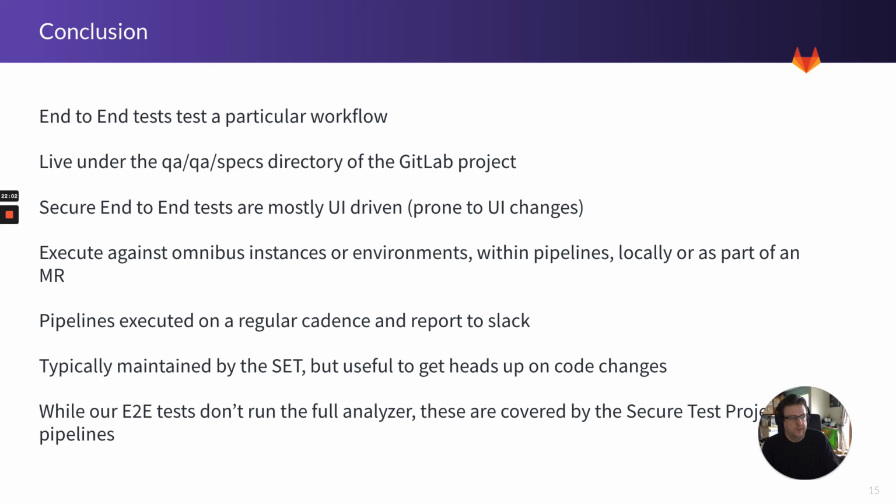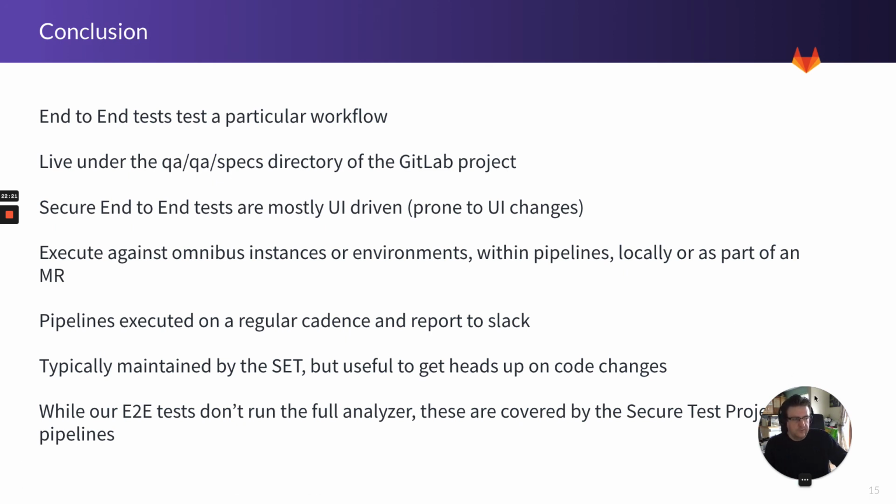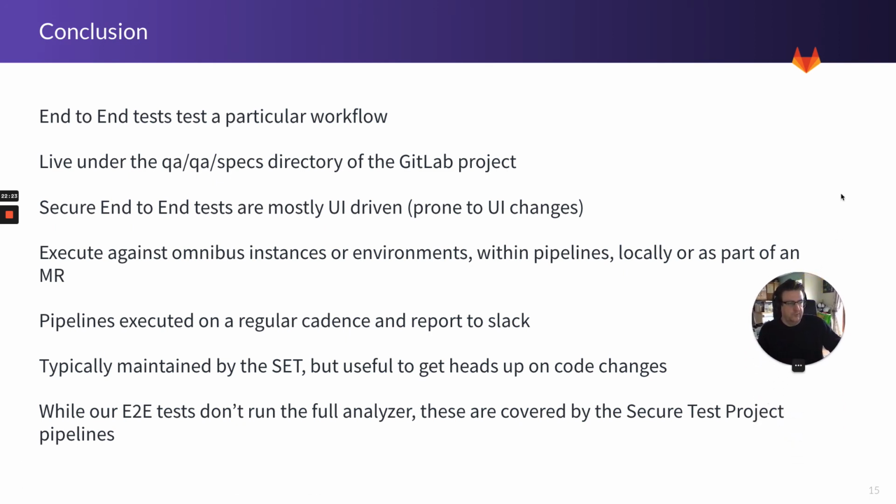I do try to keep an eye on the quad planning process, to see what's coming down the pipeline in future. And the last thing we touched upon was that while the end-to-end tests don't run the full analyzer image, these are covered off. We do have good coverage within our secure test project pipelines.